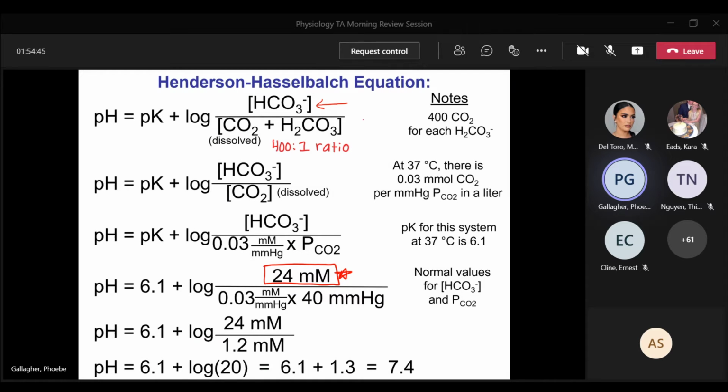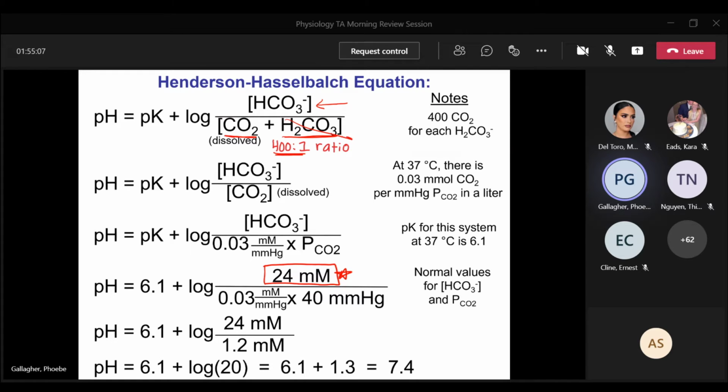And then for our acid, we have CO2 and your carbonic acid. So remember your ratio of CO2 to carbonic acid is going to be 400 to 1. So obviously we have a significantly higher amount of CO2 in our blood compared to carbonic acid.